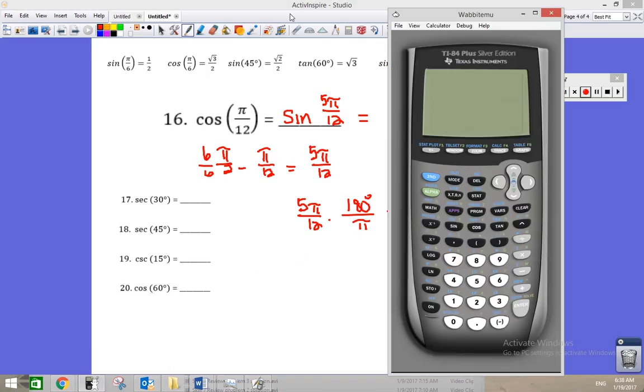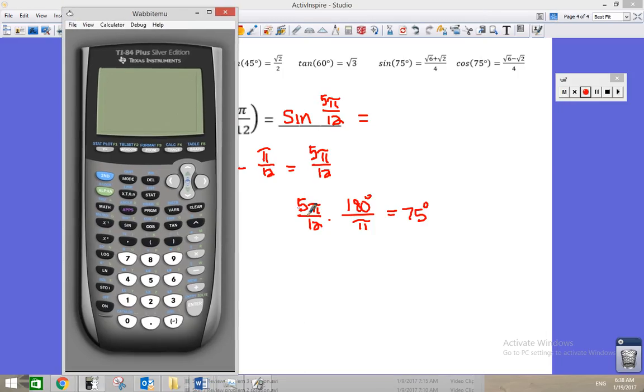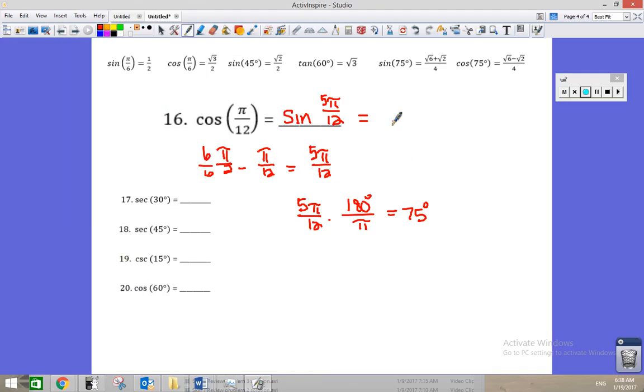If I multiply straight across in my numerators, and let the calculator reduce things and do the work for me, divided by 12, I don't even have to convert it. So yeah, I get 75 degrees like I thought. So the sine of 5 pi over 12 is the same as the sine of 75 degrees, and it gives me the sine of 75 degrees as the square root of 6 plus the square root of 2 over 4.